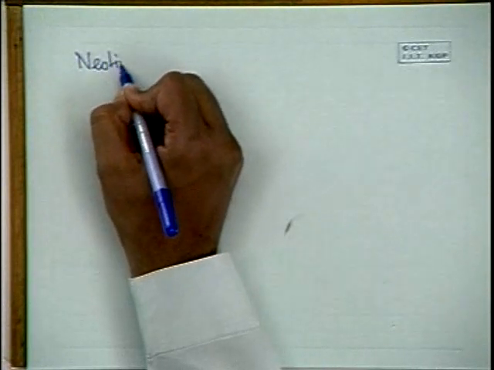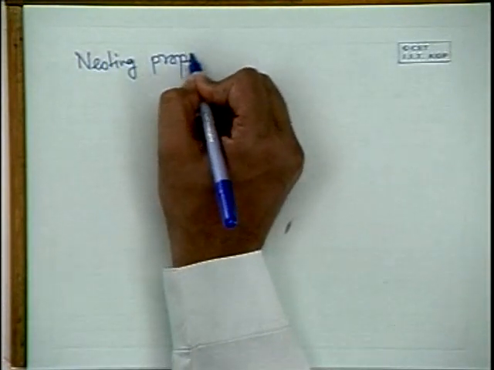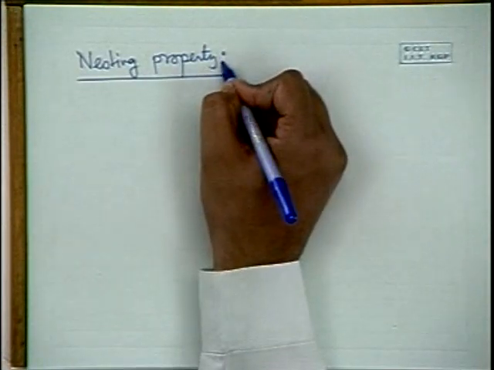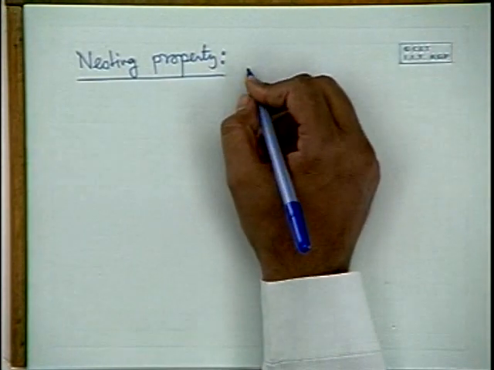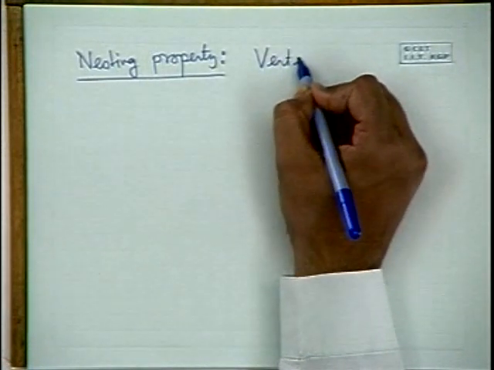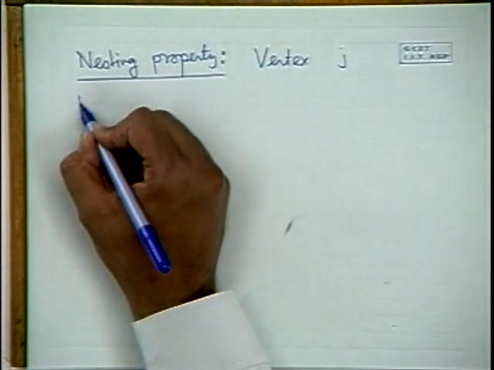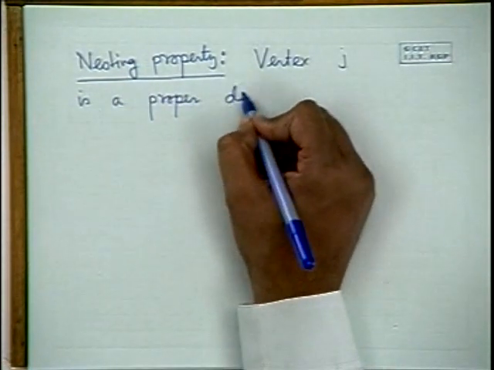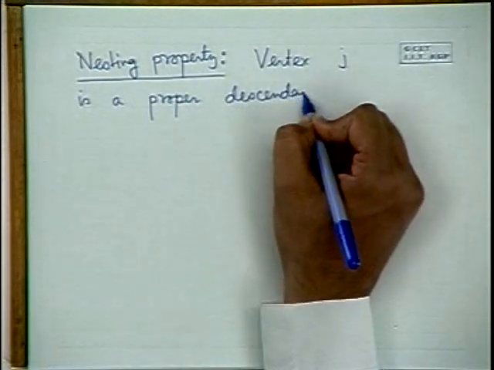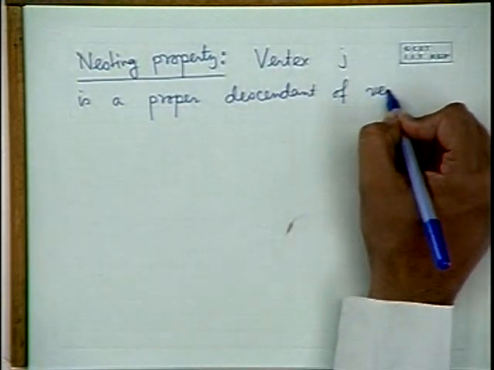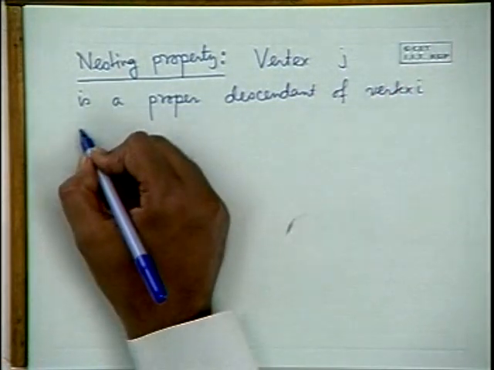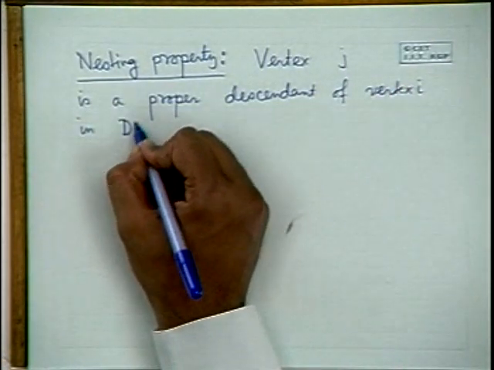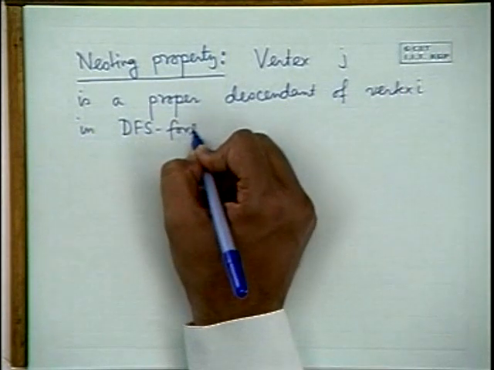And here is a very nice nesting property of this d and f field. So this is called the nesting property. All this we are referring to the previous class. So here is the nesting property. Vertex j is a proper descendant of vertex i in the DFS forest.